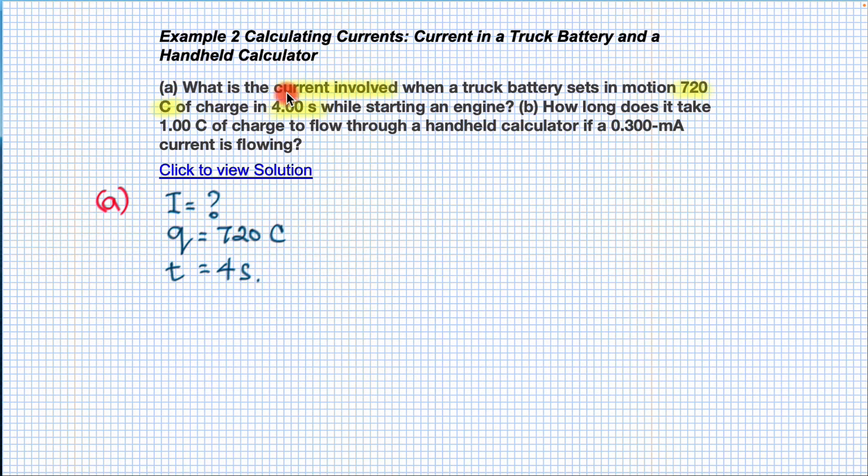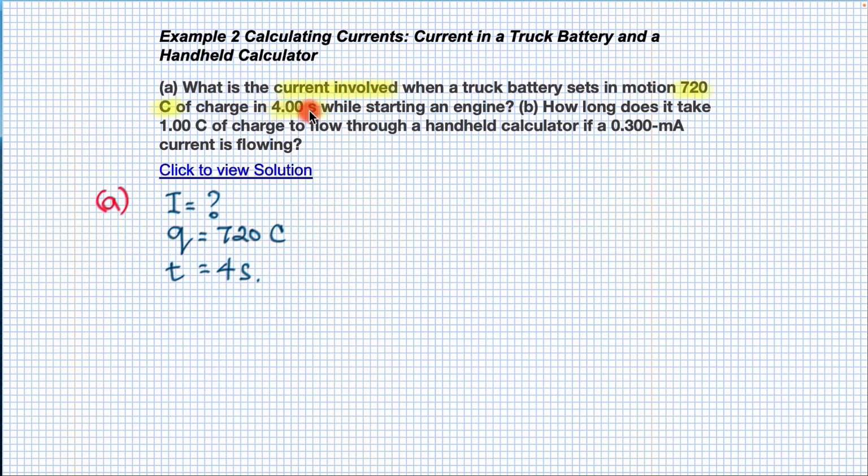We want to find the current involved, so that's going to be I. The symbol for current in our circuit diagram formulas is I. We have 720 coulombs of charge, which represents our Q, our unit for charge.